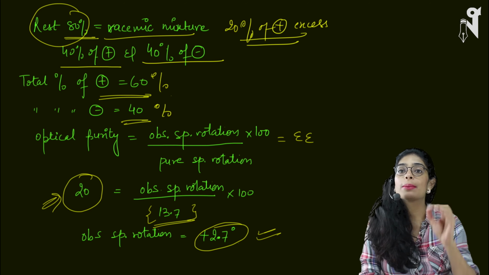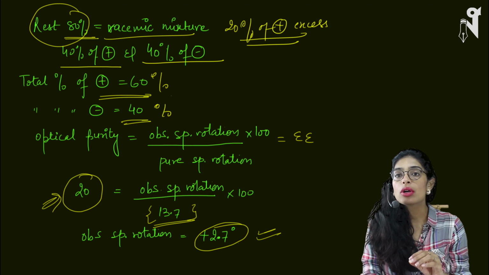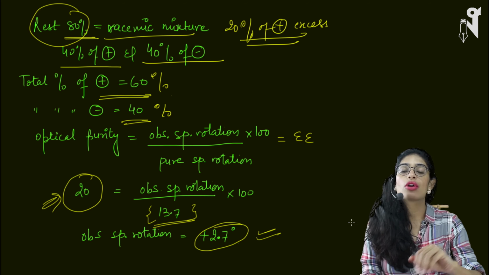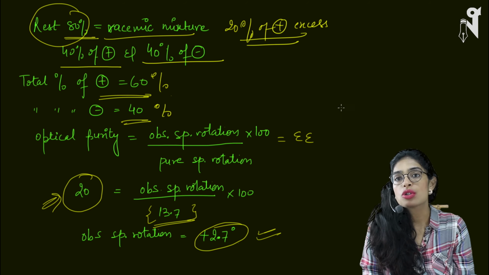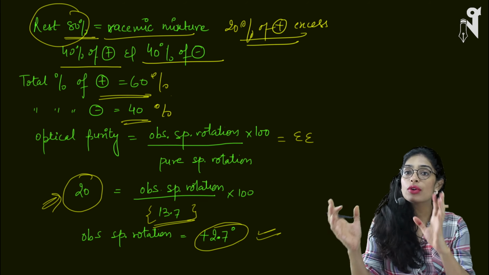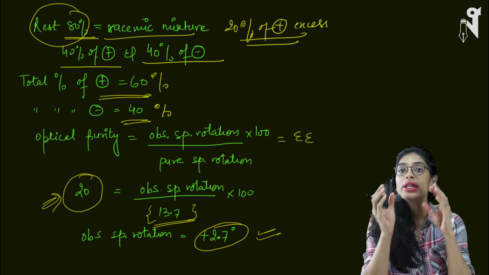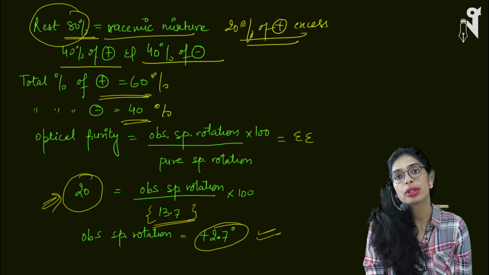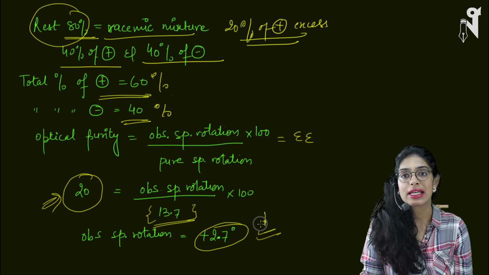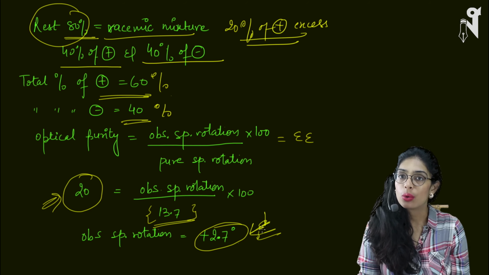You have not got the pure compound, you have got an impure compound where some S, or some negative enantiomer, was also present. It was cancelling out most of the optical activity, and only 20% of the solution is showing optical activity, and that is why the specific rotation has decreased and is plus 2.7 degrees only.